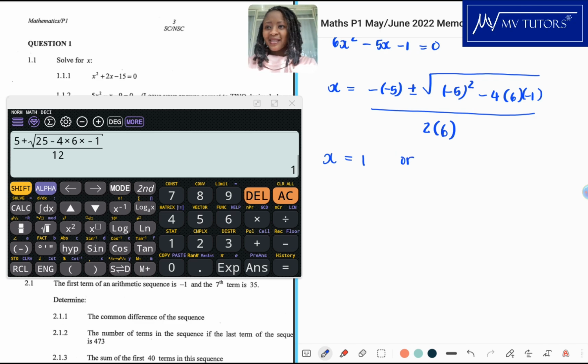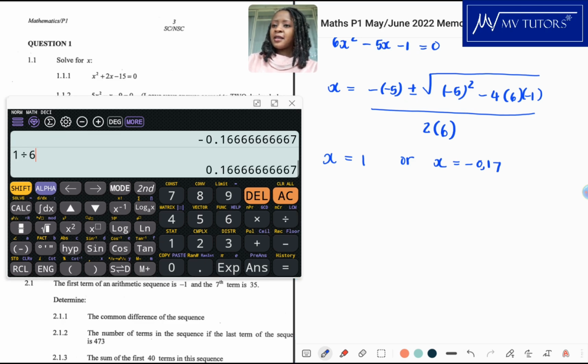you know what I haven't been doing this entire time? I haven't been checking if the answers are actually working, and that is what you should do when you solve for x. Okay, x is equal to negative 0.167, or rather 17. But this, can I just check something? If I say 1 divided by 6, yeah, so I'm just gonna say -1/6.